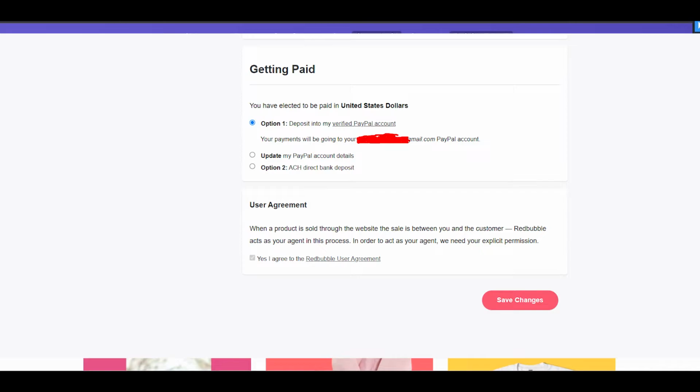You can also register your Payoneer account, and you will have all information that is needed for Redbubble payments in your Payoneer account info. You can also watch a video about Payoneer registration on my channel, and you can register on this payment system, and it is a second option to get your payments.